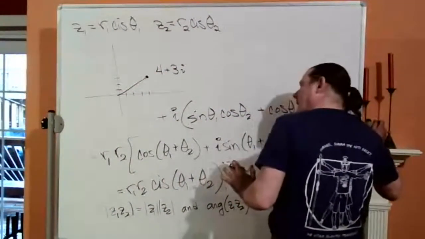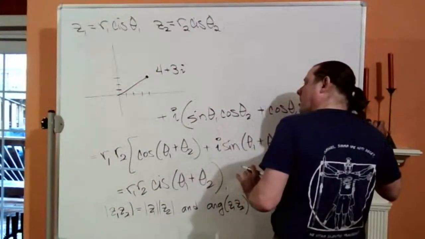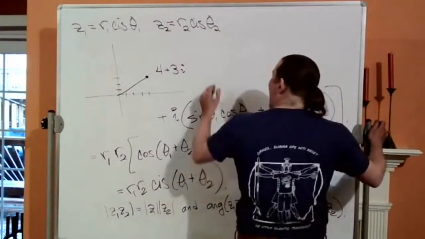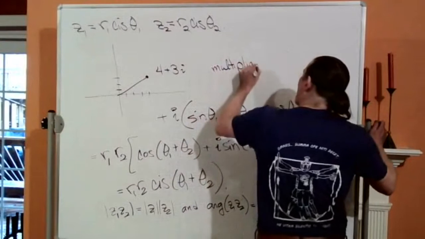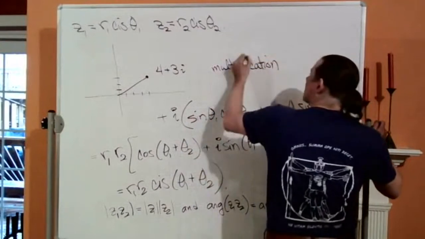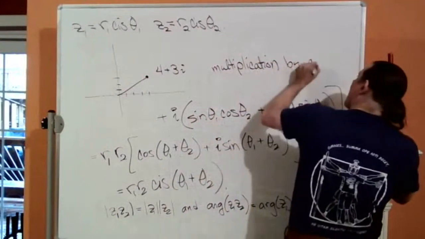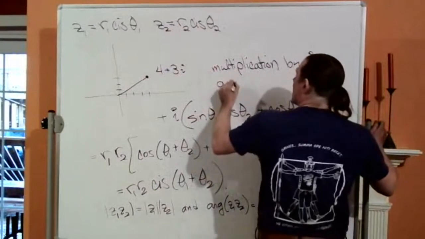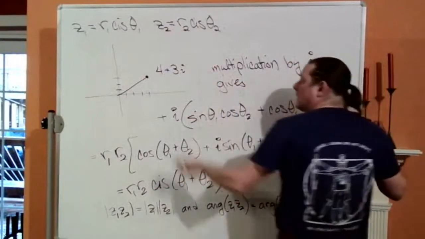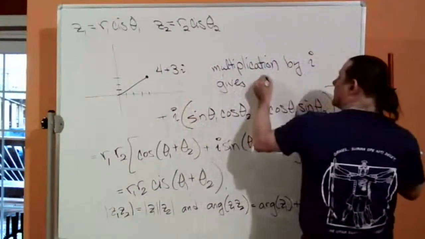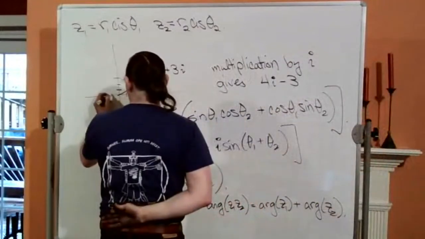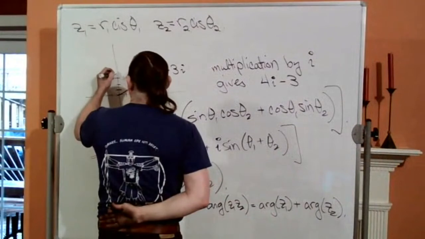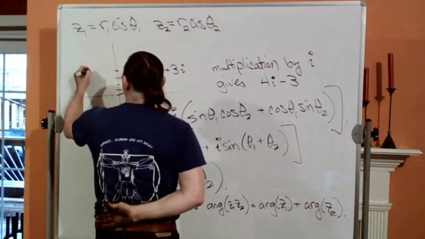If I multiply this complex number by i, I'll get 4i minus 3. So I could graph that like this.